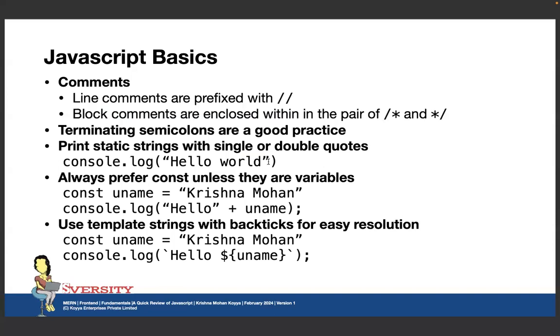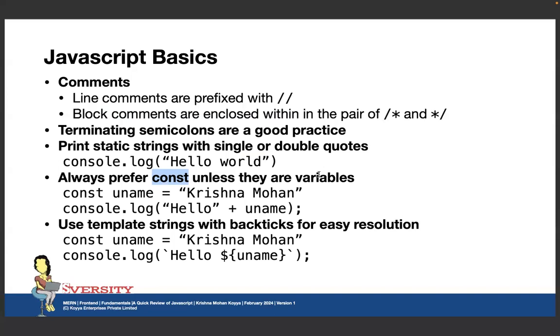And always prefer const keyword unless they are variables. The people who were using JavaScript that was not based on standards earlier used to use var as a keyword to declare variables. No longer is that recommended.